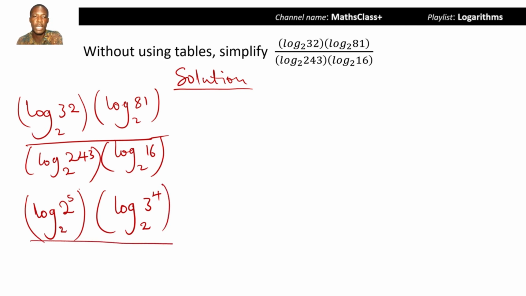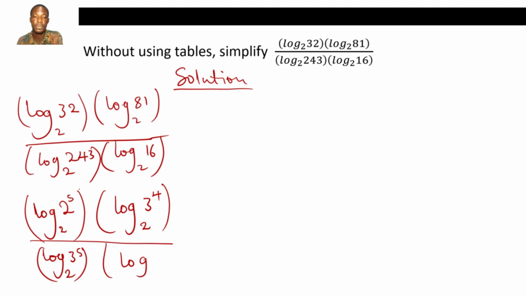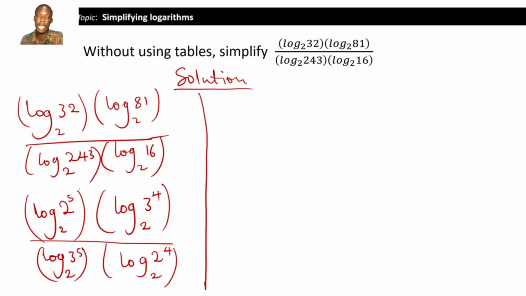And then everything here is divided by log 3 to the power 5 base 2 multiplying log 2 to the power 4 base 2. Okay, I hope you understand what we have just done.